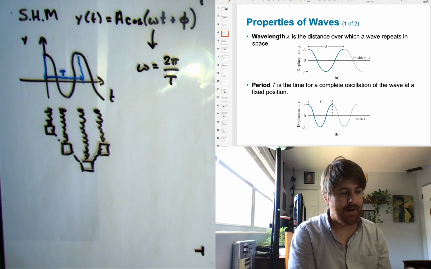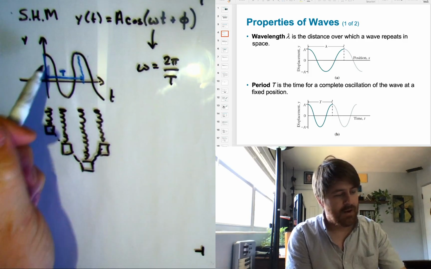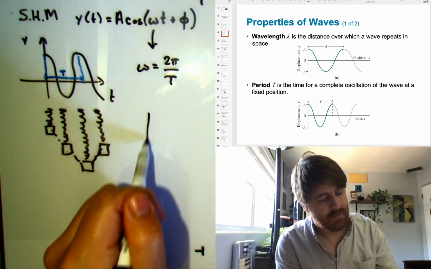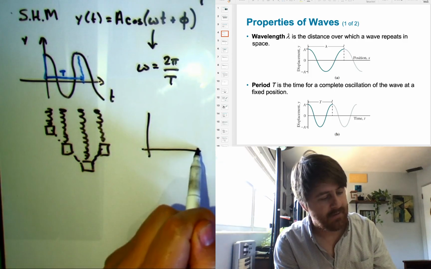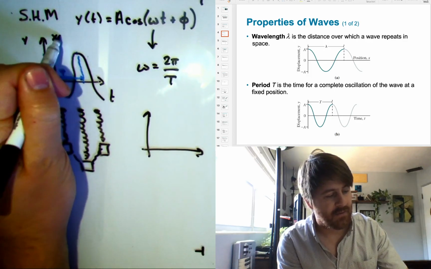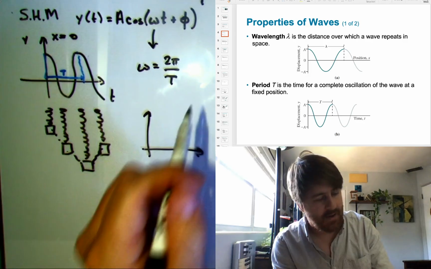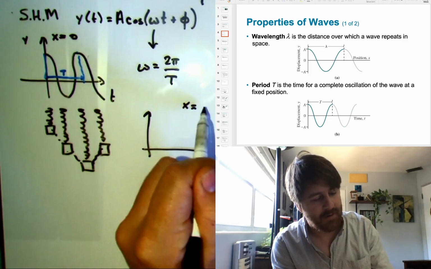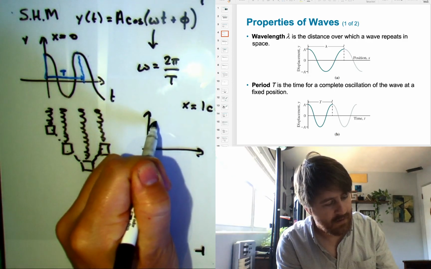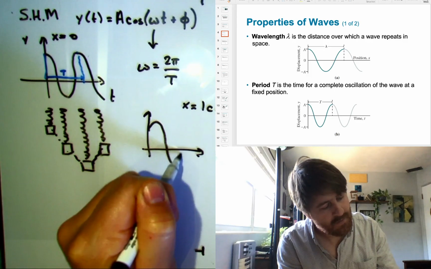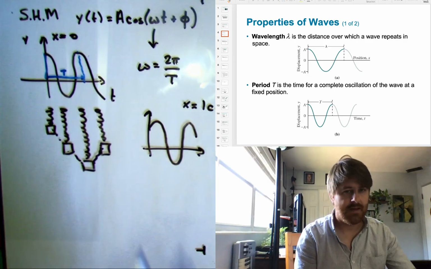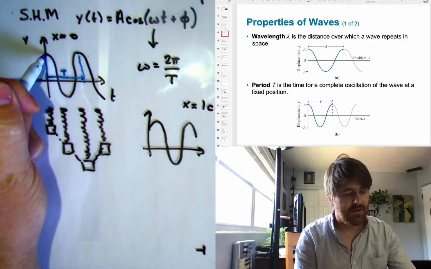Okay? If we think about it that way, then if we want to know what the motion's like somewhere down the road in space, right? So let's say that this is at x equals 0. And now we'll say over here we've got some other simple harmonic motion at x equals 1 centimeter. But this one is shifted over. So notice that the peak over here is at x equals 0.